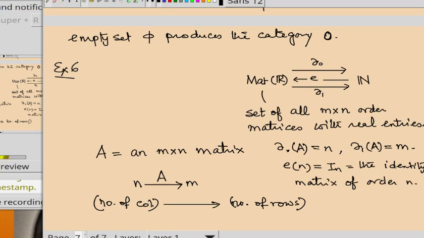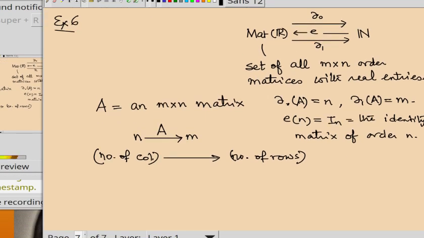Okay, so what's my composition? So what are the composable pairs? Well, what is C? C is a set of composable pairs. What is it?